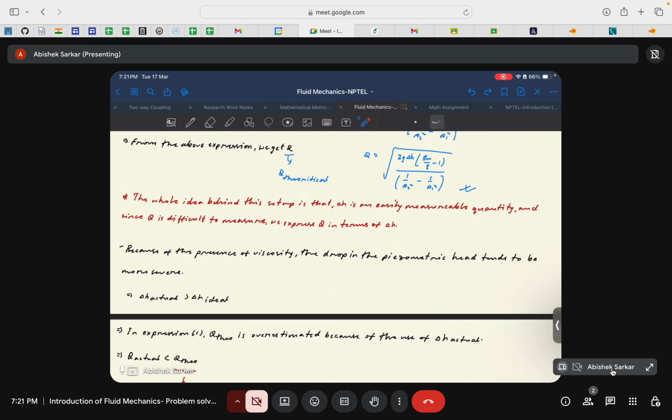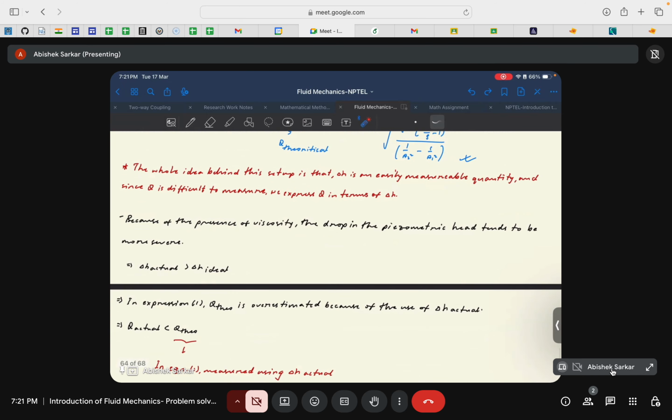So this H actual, that is the delta H deflection obtained from experimental measurements while using the Venturi meter, is usually higher than the delta H that should ideally have been obtained through Bernoulli's equation.